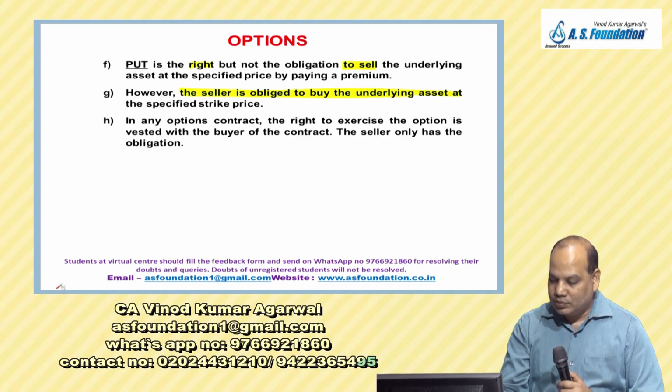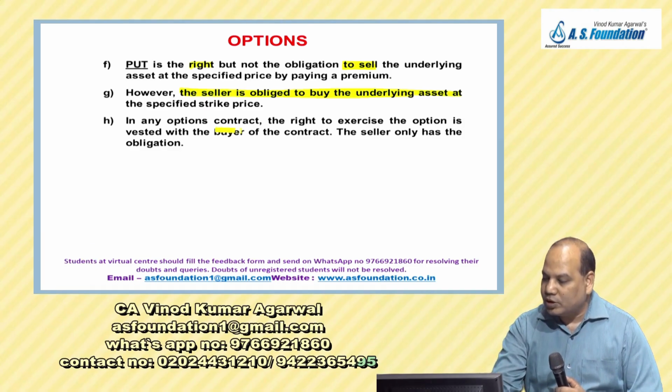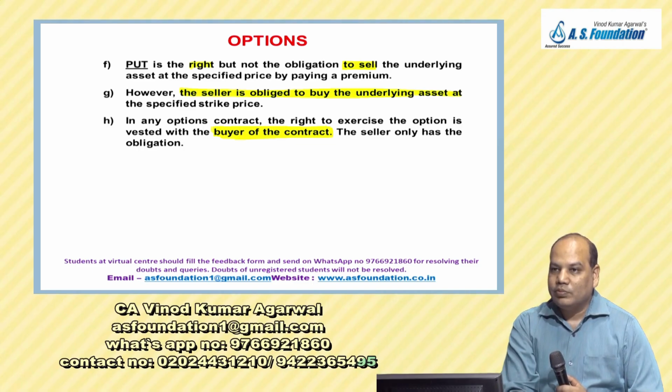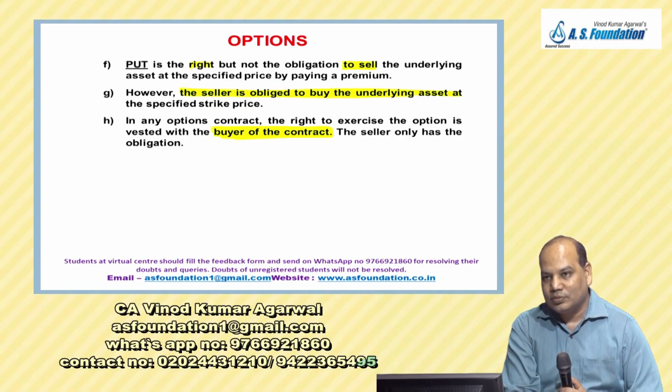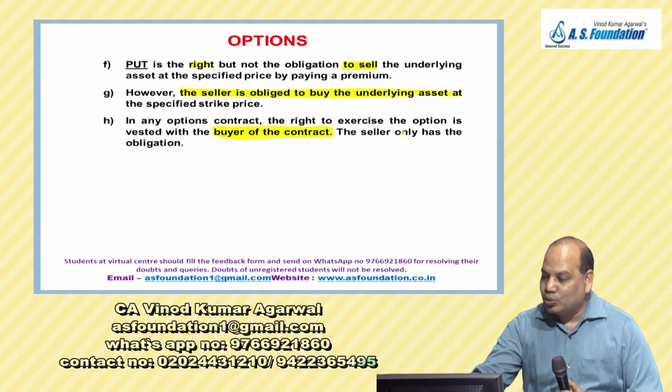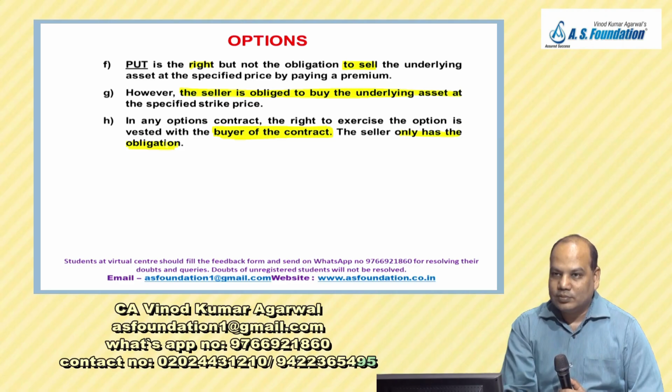Of course, because if both the parties are given the right but not the obligation, the option will never be exercised. If holder wants to exercise, writer will refuse. If writer wants to exercise, holder will refuse. So therefore this right is only to the holder of the option. The writer has only the obligation.